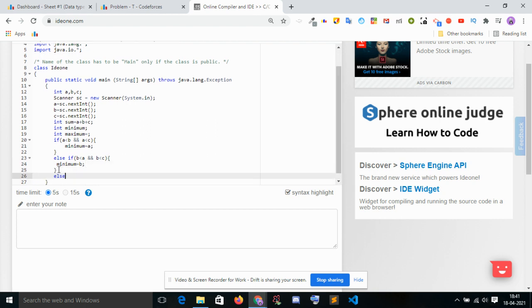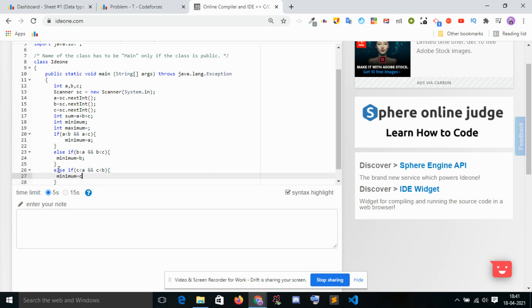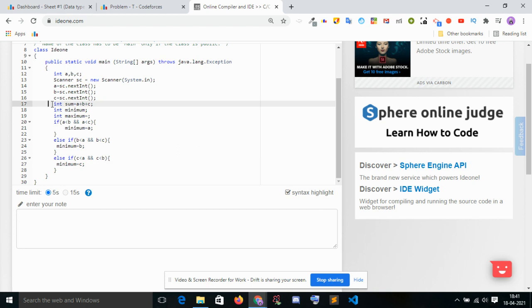Else if c is less than a and c is less than b, then minimum equals c. So this is in Java, a thing that you can do. Same thing will do here.